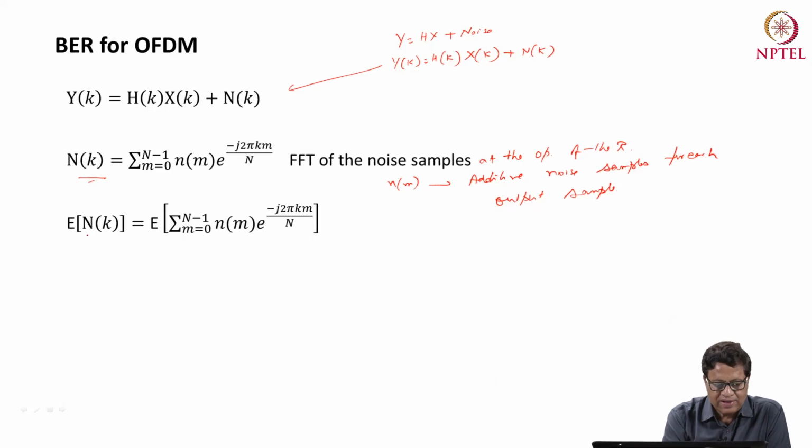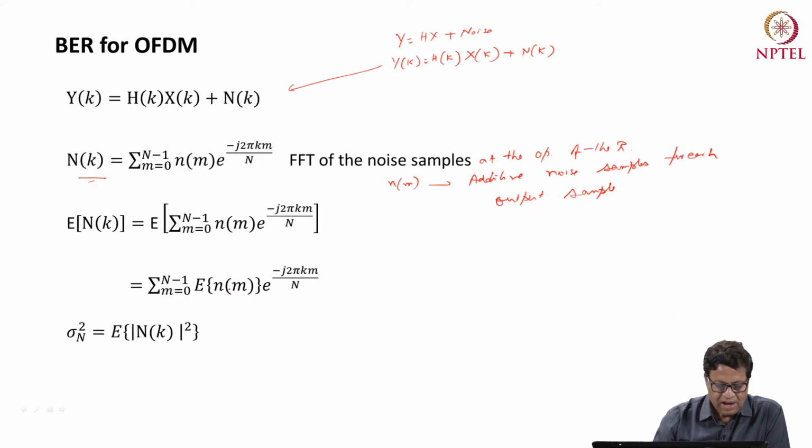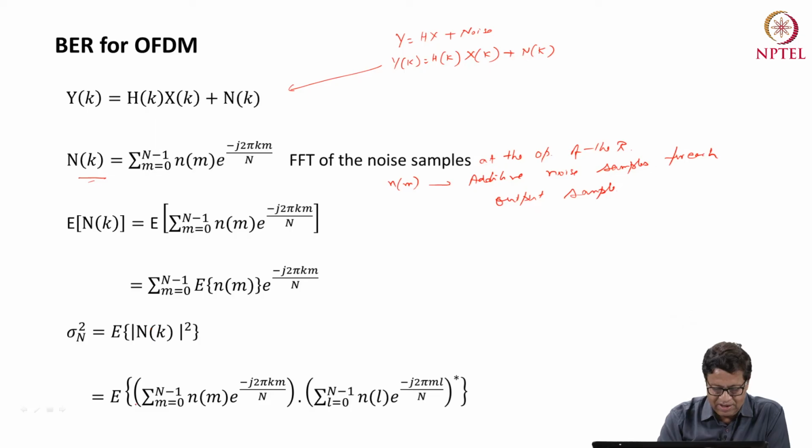So if you take the expected value of Nk, the FFT of the noise sample at the output of the receiver, you can take the expected operation here. This is e raised to the power minus j 2 pi km, expected value of Nm. And also if I calculate the variance of this Nk, variance of |Nk|^2 will be given by the expected value of Nk, this, into the conjugate of this.